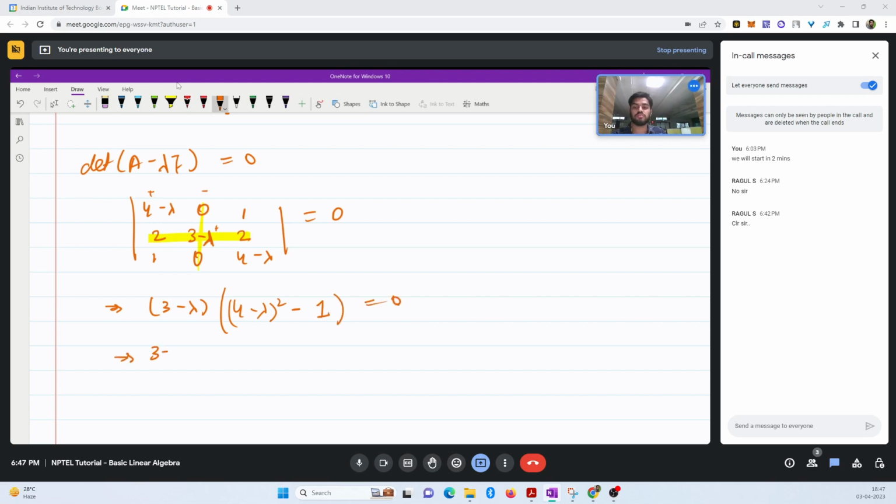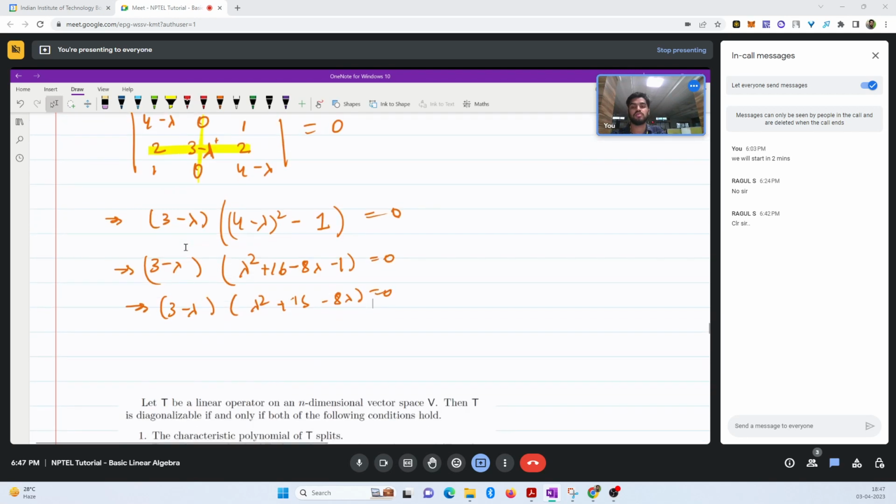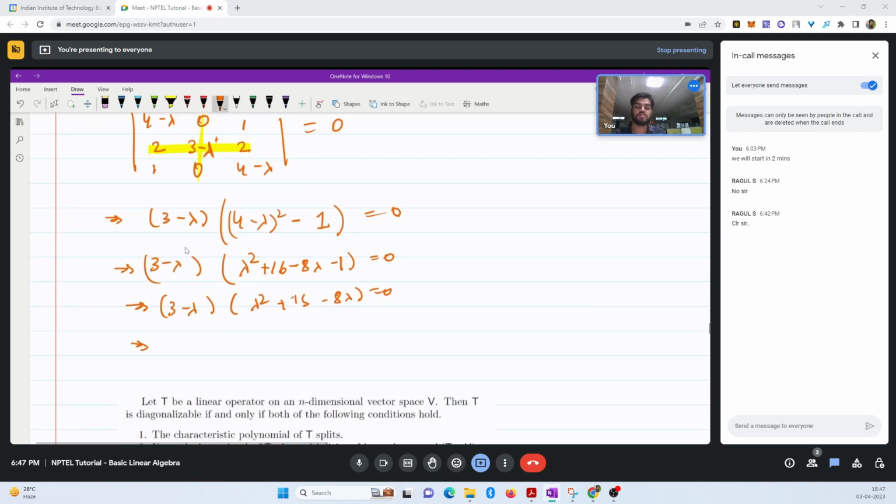So this implies 3 minus lambda times lambda squared plus 16 minus 8 lambda minus 1 equal to 0. This implies 3 minus lambda times lambda squared minus 8 lambda plus 15 is equal to 0.